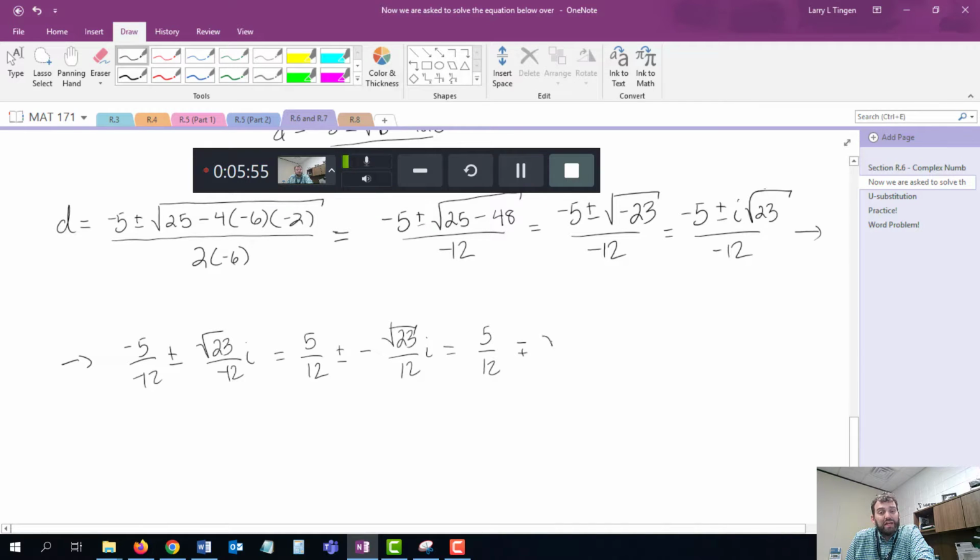It doesn't actually change anything for us, but if you ever have to distribute a negative through a plus minus, that's what happens. So my solution set has 5 over 12 minus square root of 23 over 12i, 5 over 12 plus the square root of 23 over 12i.